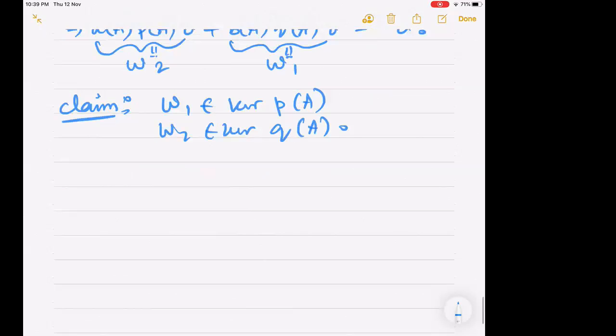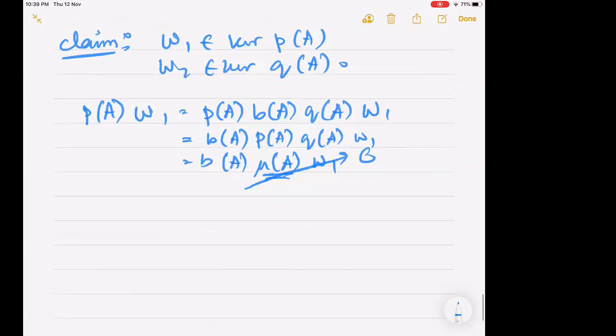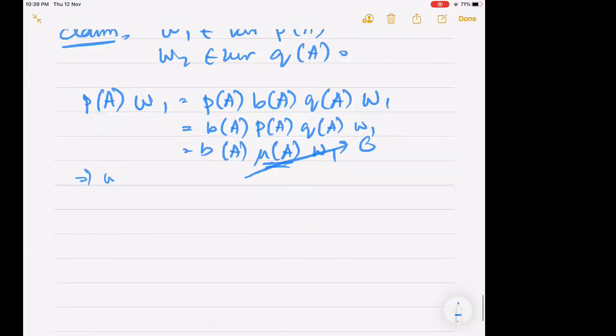Notice PA w1 is the same as PA BA QA w1, but remember they all commute because they are all polynomials in A. So I might as well write this as BA times PA QA w1, but this is the same as BA mu A w1, and mu A is the zero operator. That means it takes every possible vector in V to 0. So this must be 0. That means PA w1 is 0, which implies w1 belongs to kernel PA.